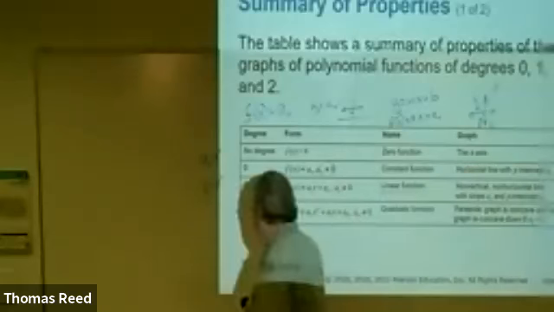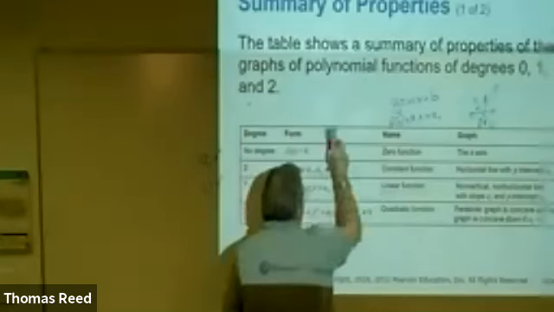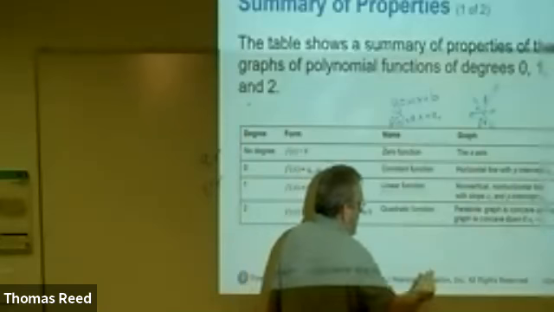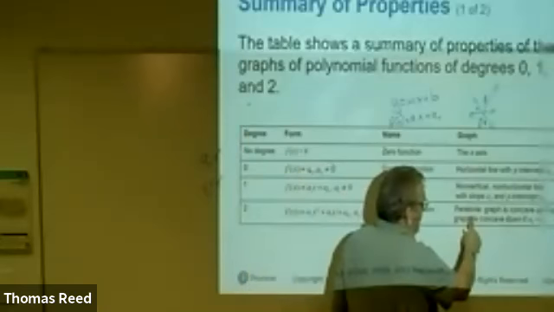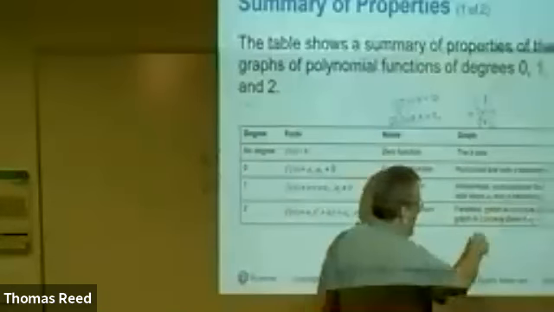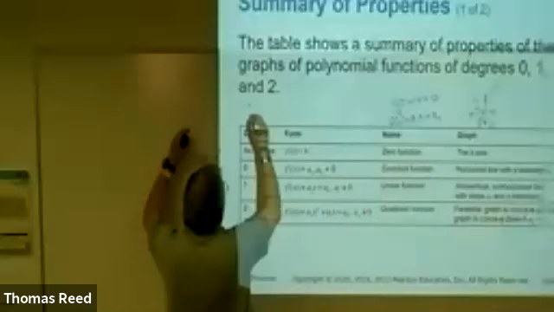And the last one they talk about up here is the parabola, the quadratic function. Its graph looks like a parabola, and the graph is concave up if a sub 2 is positive, and it's concave down if a sub 2 is negative.